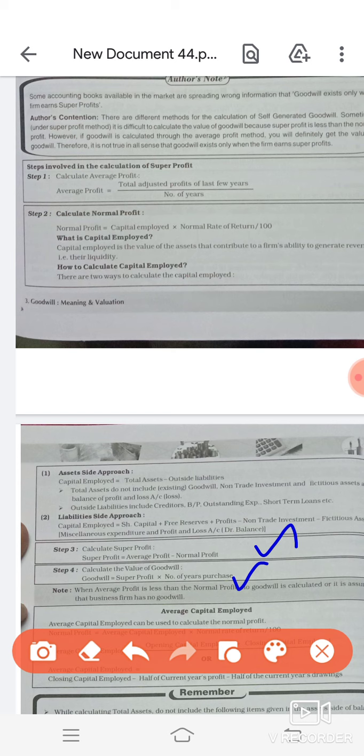Now we have to calculate the normal profit, and there is a formula for it. See the step 2. Normal profit equals capital employed into normal rate of return divided by 100. The normal rate of return will be in percentage, in the sum itself. So we have to calculate the capital employed.